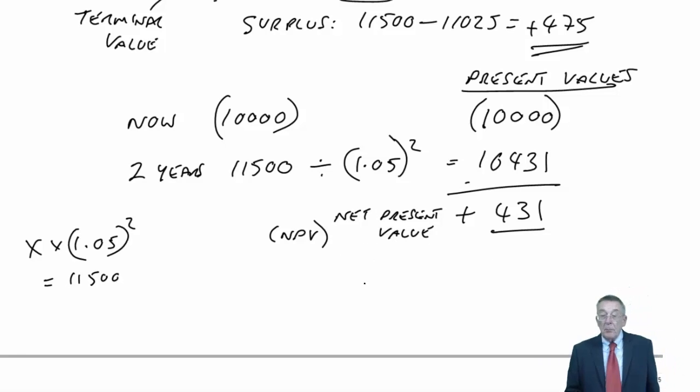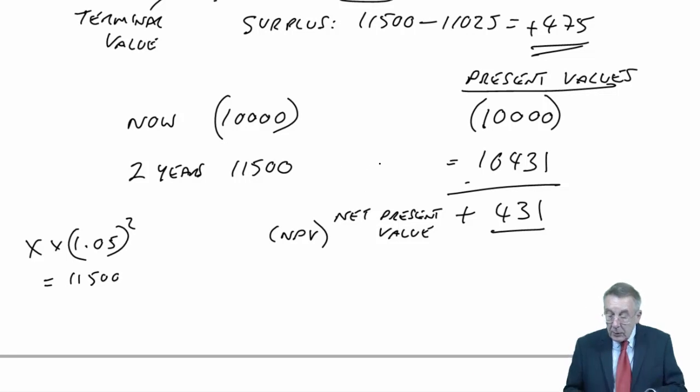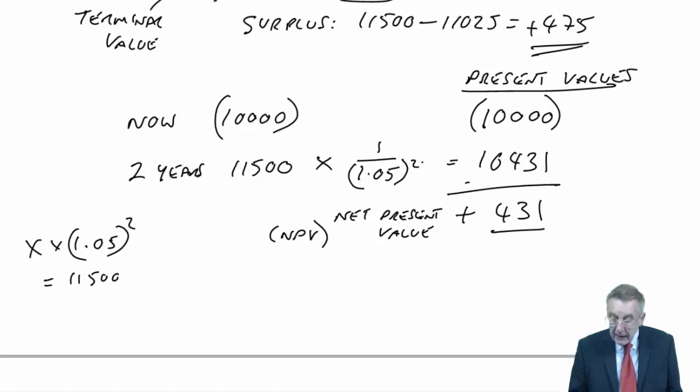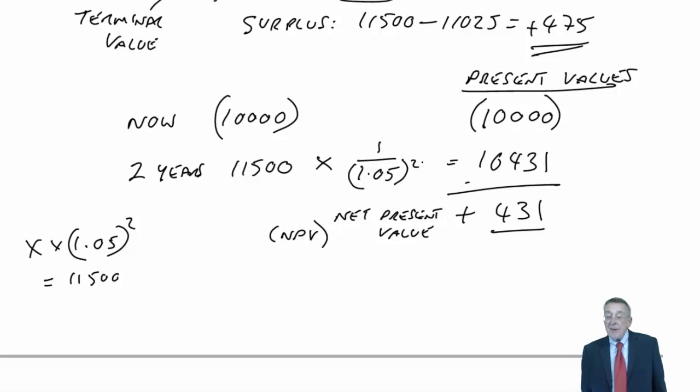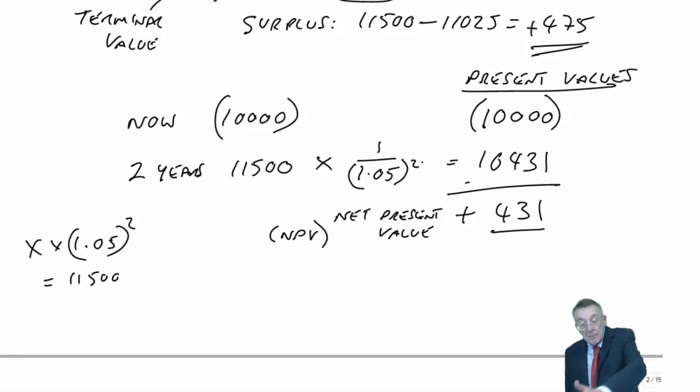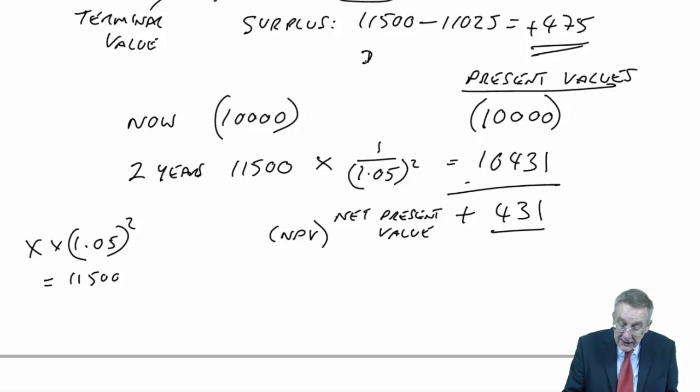We divided by 1.05 squared. Normally, though, instead of divided by, same thing, we say we multiply by 1 over 1.05 squared, which may look a bit silly. The end result is you divide, but we always say we multiply by that number there, and we call that the discount factor.